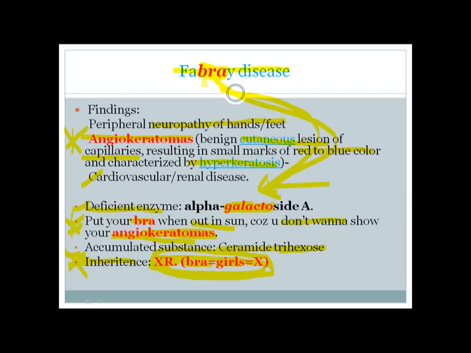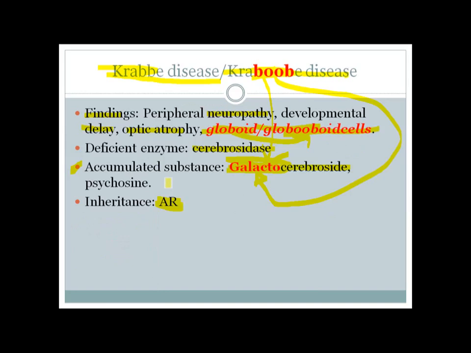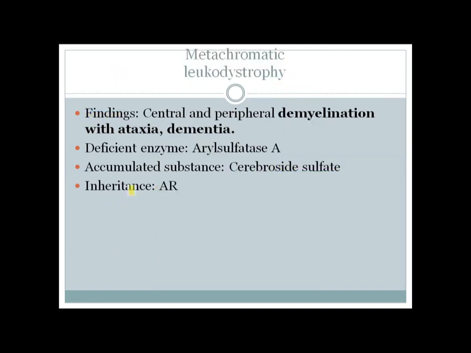People with Fabry disease don't have the bra, so maybe because they don't wear a bra, their breasts are damaged or something like that. And as they don't wear their bra, they are showing their angiokeratomas. So in Fabry disease, you have a deficiency of alpha galactosidase A. In Kraboob disease, you have a deposition of galactocerebroside and also psychosine.